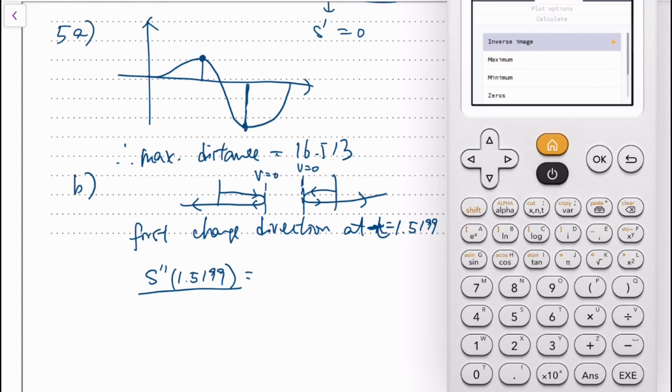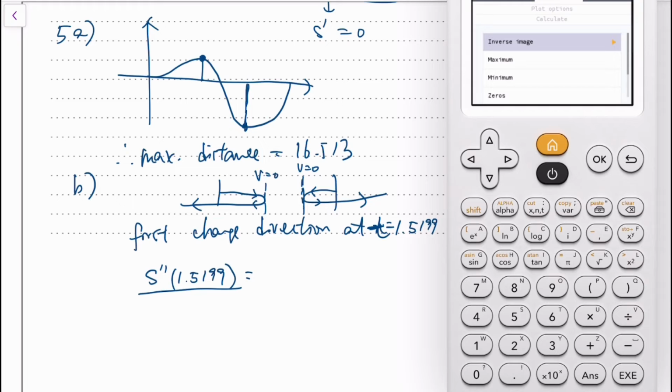For TI, you go to the calculate page, and then you go menu, calculus, derivative at a point. So what you do is you choose the derivative to be second derivative.